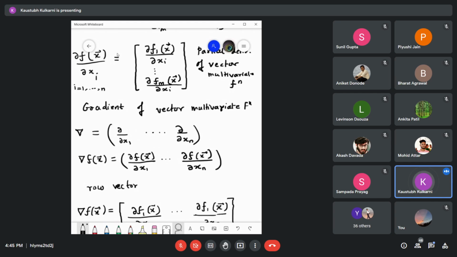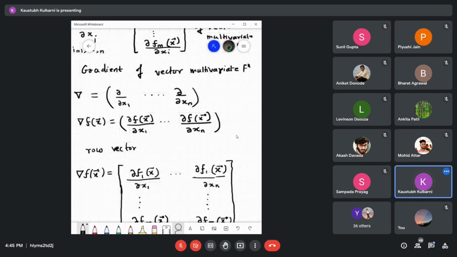So in this case the function f has n variables x1 to xn, so we have n partial derivatives, from dou by dou x1, dou by dou x2, up to dou by dou xn. Applying it to the function gives dou f by dou x1 to dou f by dou xn. As we saw yesterday, this is a row vector.